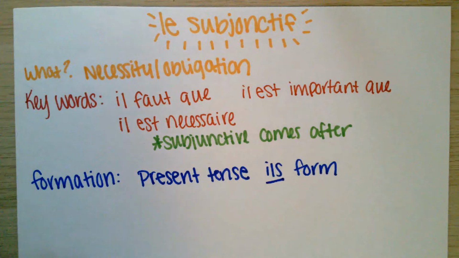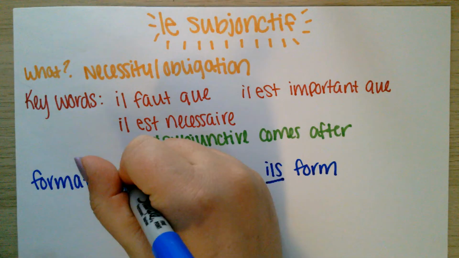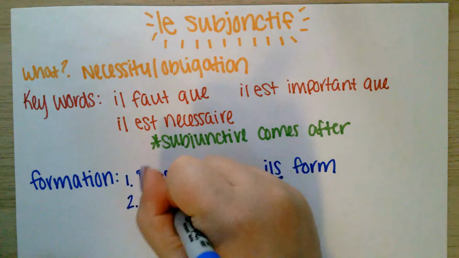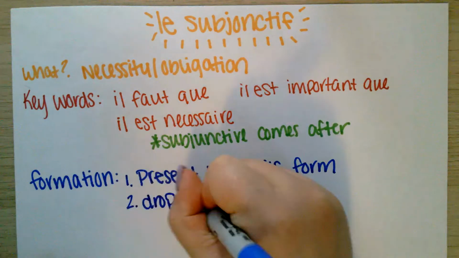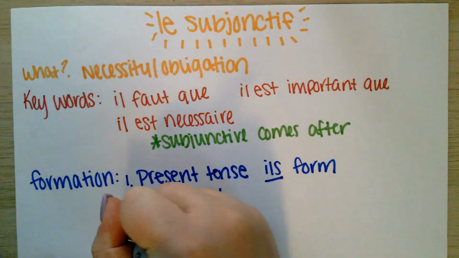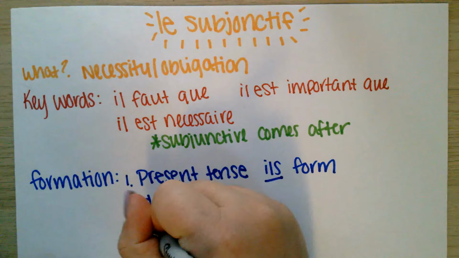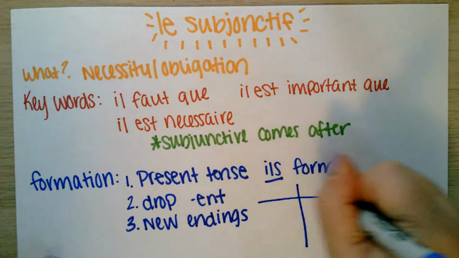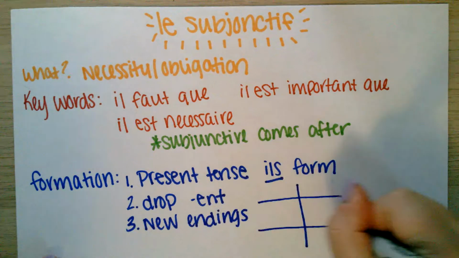So we're going to take our verb in the present tense il form, and then we're going to drop the ent. Now we're going to add on our new endings. So our third step is the new endings, and I'm going to write them right here for you.